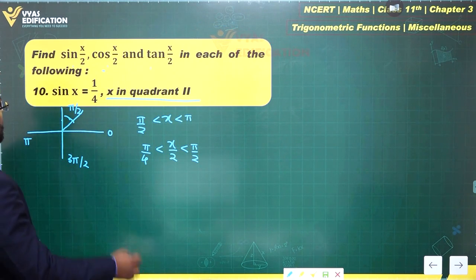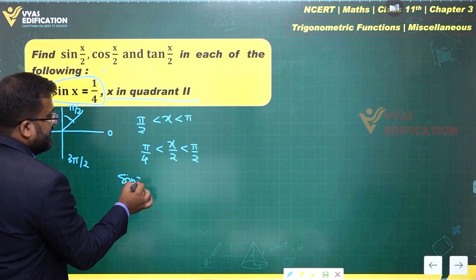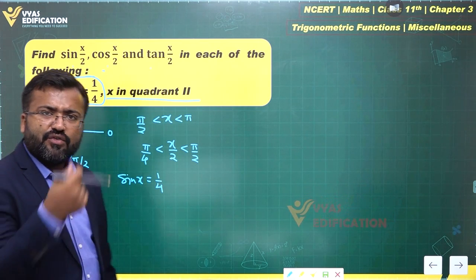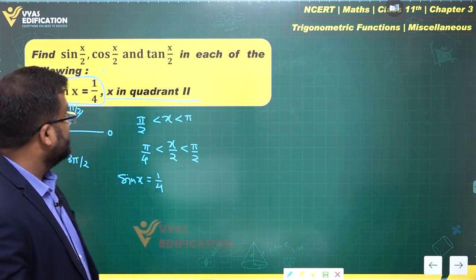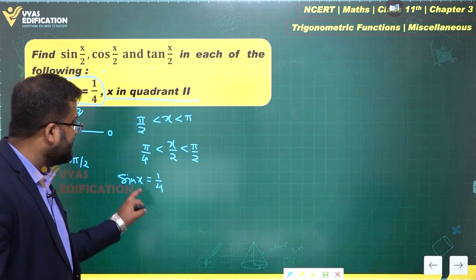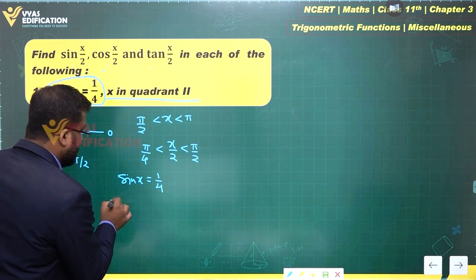Okay. What about sin x equals 1 by 4? If sin x is equal to 1 by 4, can I relate this sin x to any of these trigonometric functions directly? You may observe that it's not easy. Sin x by 2, cos x by 2 and tan x by 2, there is no direct result. But I can convert this sin x in terms of cos x, and that cos x can be related to this. So let's do that.